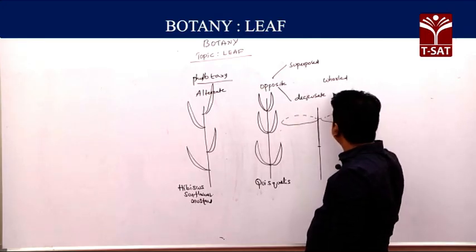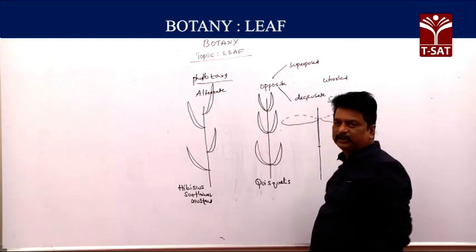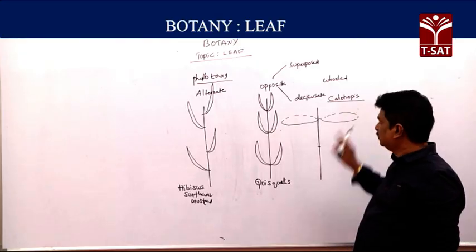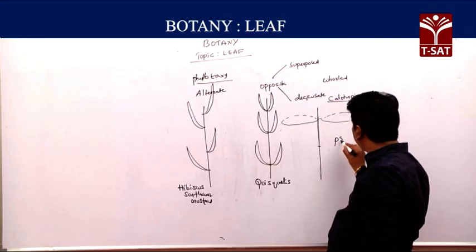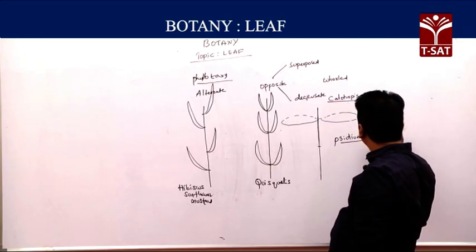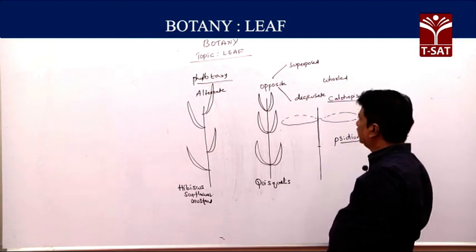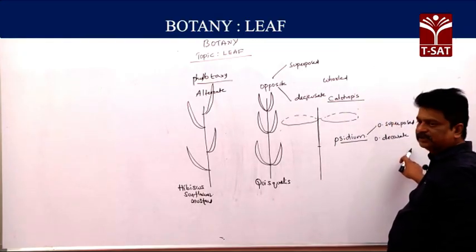Example for opposite decussate, Calotropis. Calotropis means milkweed. In Telugu, this is called Jilledu. And one more example, actually Ixora. In Ixora, the same plant shows both opposite superposed and also opposite decussate phyllotaxy.